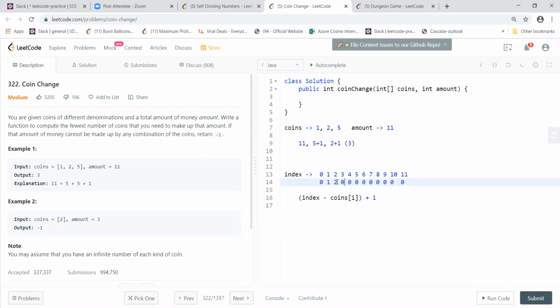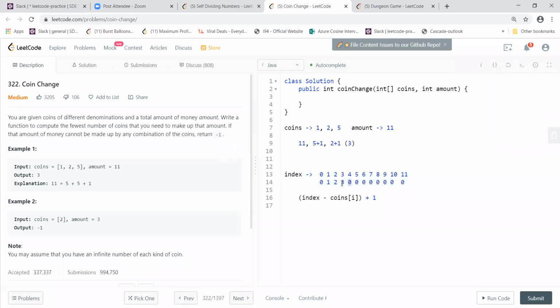Similarly, I come to 3, so I can add 1, but I need to go back one step by the coin's denomination. I just subtract it from 3, so it is 2. So I go to this index, I see 2 here, and then I make this 3, right?